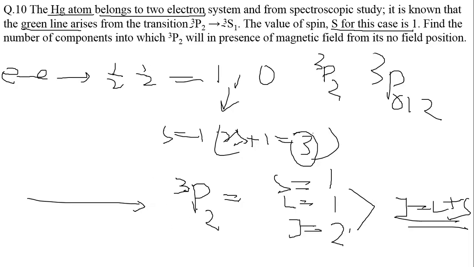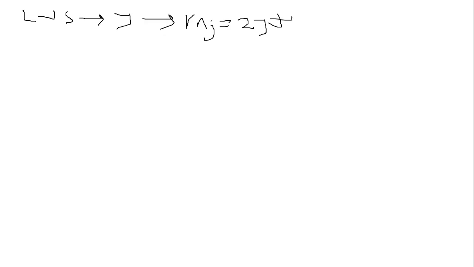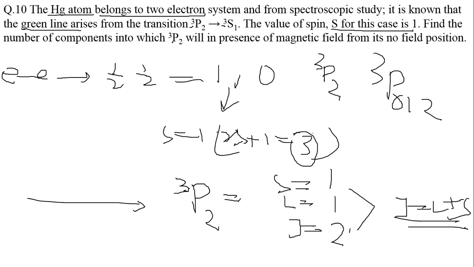So here this 3p2 level will split in terms of j value, because in presence of magnetic field, l and s are coupled to form j, and corresponding to a j value we have mj values. How many mj values? We have 2j plus 1 mj values. So here in the question we have j equals to 2.